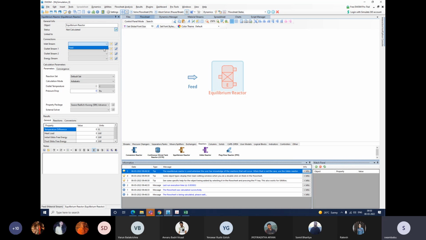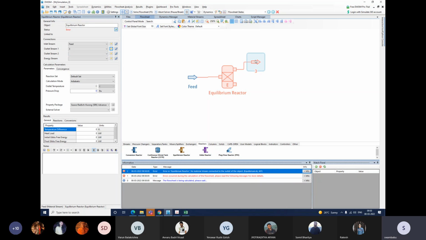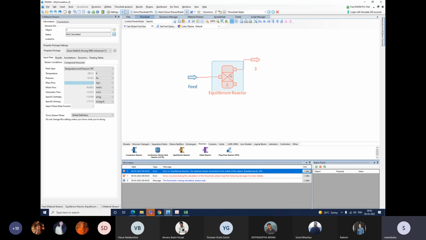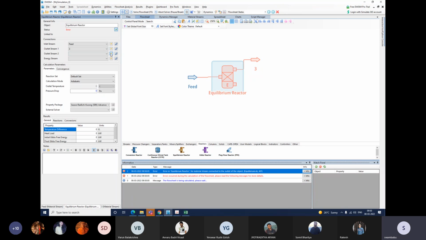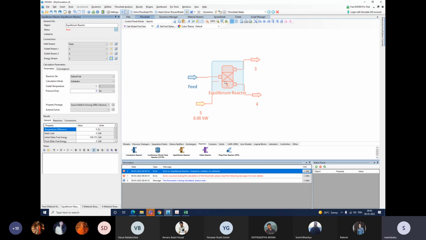So the inlet stream is feed, one outlet stream for the vapors, one outlet stream for the liquids, if at all liquid products are there, and one energy stream that gives the sufficient energy input. Still it is red, although we gave these correctly, that means something more is missing.